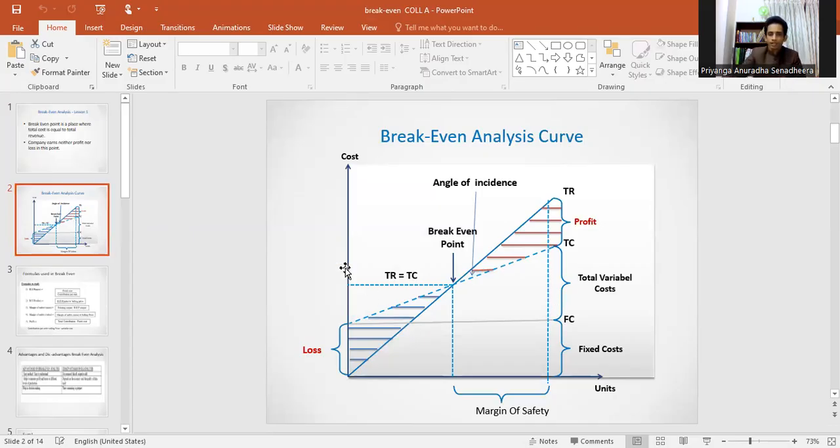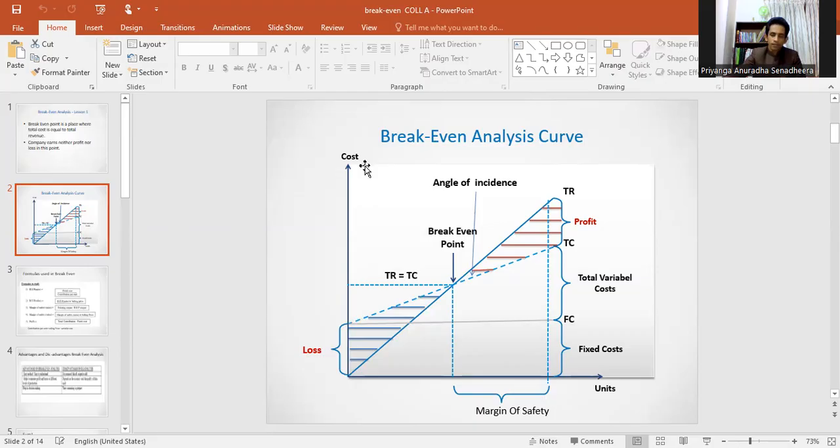You can see here the break-even chart. There are two axes in every graph: this is the y-axis and this is the x-axis. The x-axis represents the number of units produced and the y-axis represents the cost or the revenue.